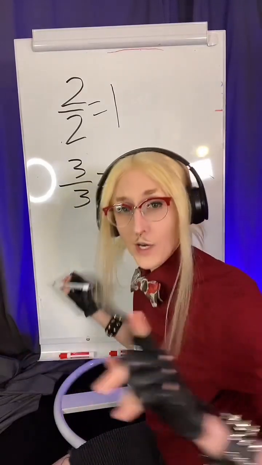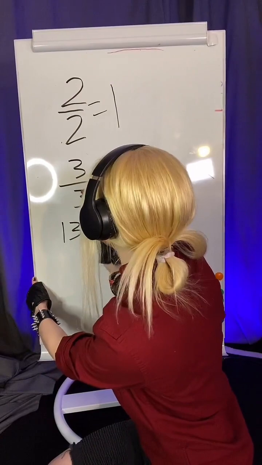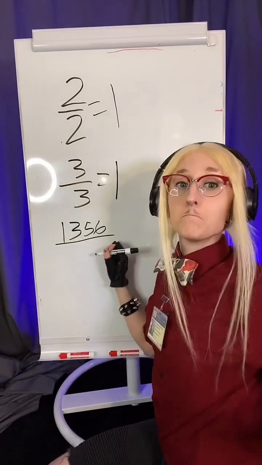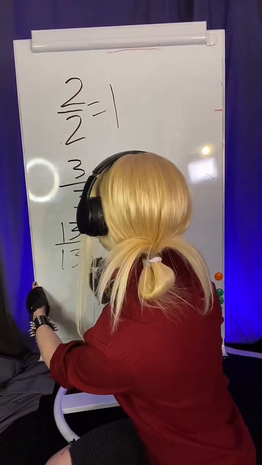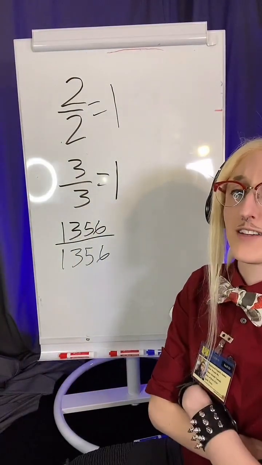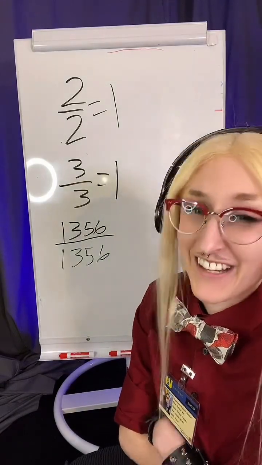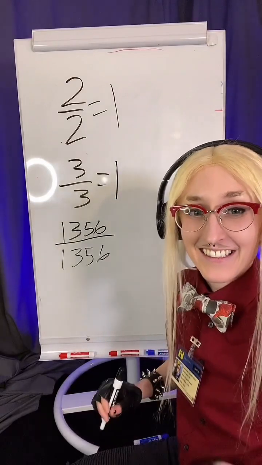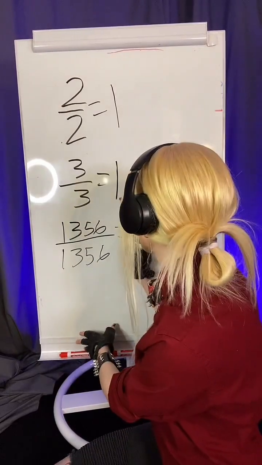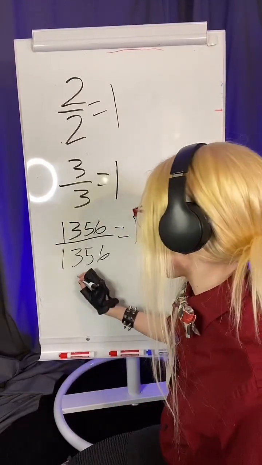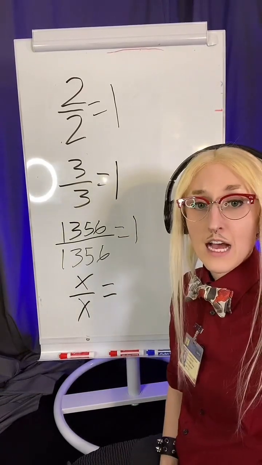What if I have 1,356 over 1,356? Can you do this one in your head? You all know it. It's 1. Any number over itself is just 1. All right, so then if I've got x over x, what do I have?